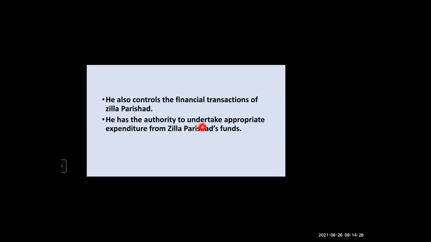He has the authority to take appropriate expenditure from Zilla Parishad's fund. Expenditure means whatever money is spent, he has full authority to undertake it. The vice president carries out these duties in the absence of the president. When the president is not there, the vice president is carrying out his activities.